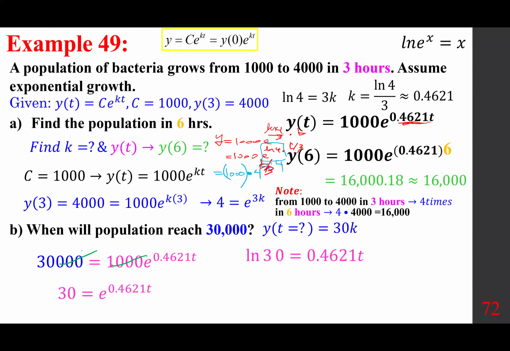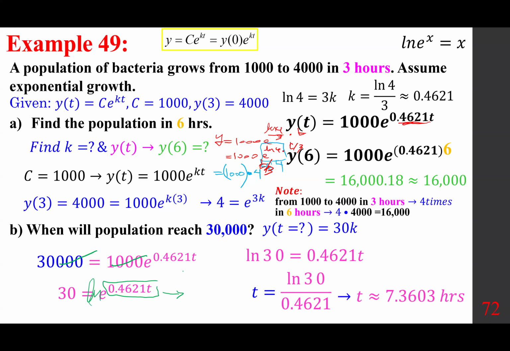When you take the natural log, the right side becomes just that. If I put the ln for the right side, it just gives me the exponent 0.4621. So what is t? Divide both sides by 0.4621. Now this, you plug into a calculator and it gives you about 7.3603 hours.